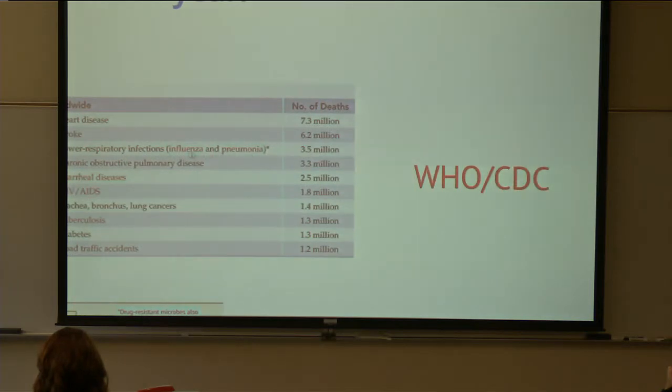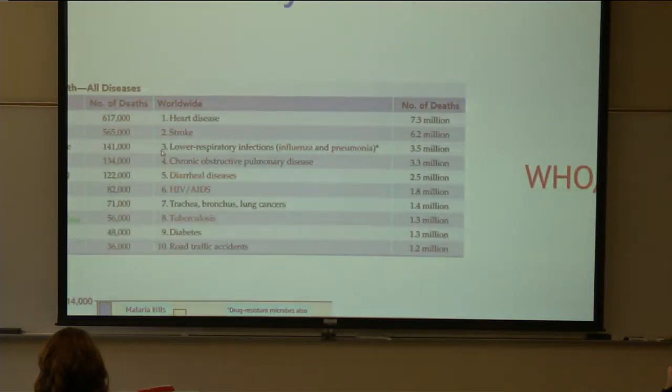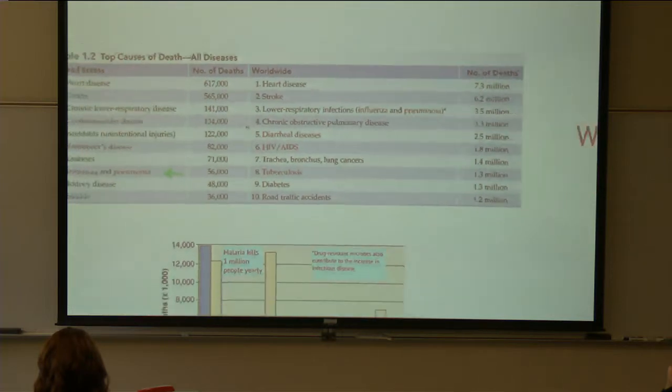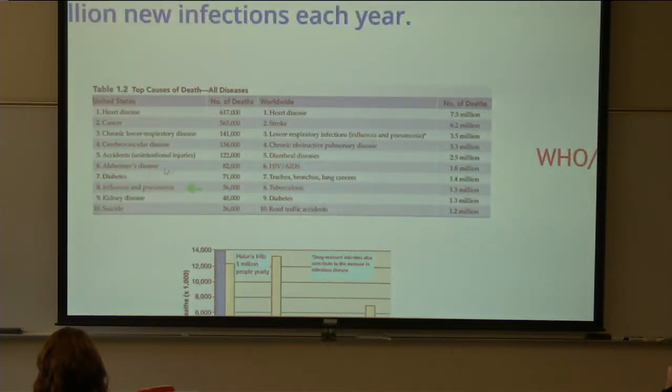Here we're looking at those lower respiratory infections as number 3 worldwide. So definitely respiratory infections, okay, extremely, extremely prevalent. But some of these other ones, why do you think these are seen worldwide and not so much looking at the United States?